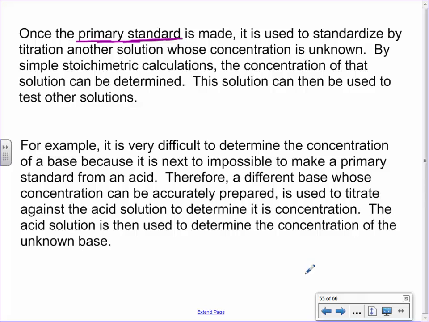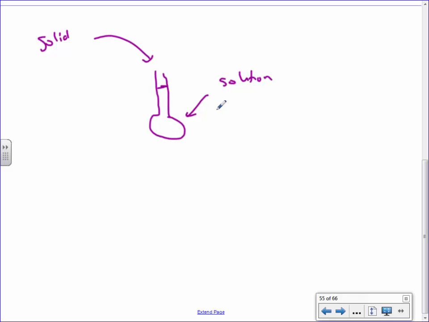Sometimes what you actually have to do in a very, very complicated set of titrations, we're not going to do it here, but sometimes you use a primary standard, a solid, to make a solution. So you make a solution, which we then call a primary standard.